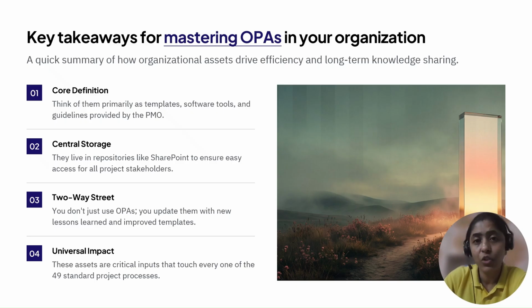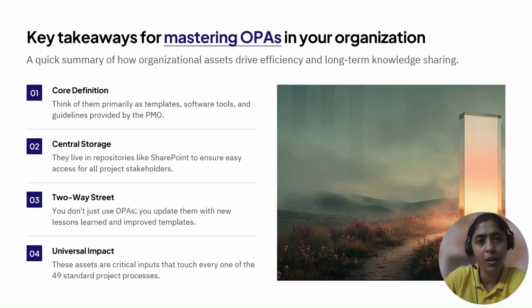These assets need to be accessible, and repositories such as SharePoint can provide a common place where stakeholders can find the information they need. Third, it's a two-way street. Project teams do not simply consume OPAs, they also contribute back. When a team learns something valuable or creates a better template, that knowledge can improve the organizational asset library.